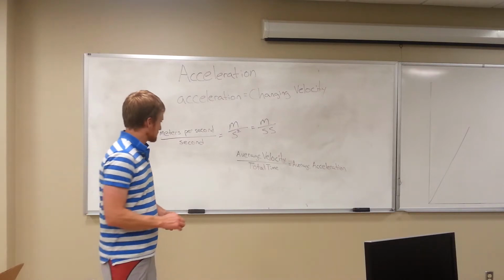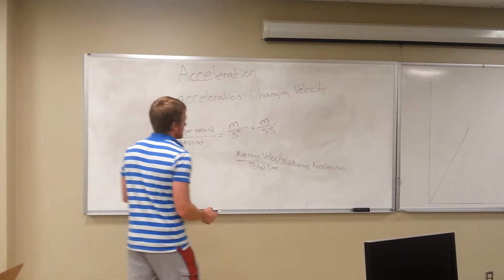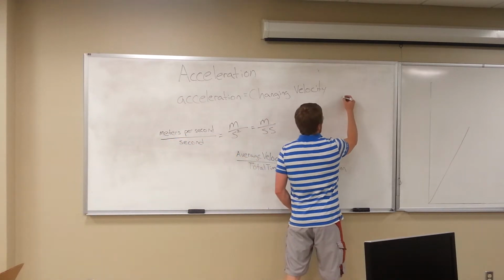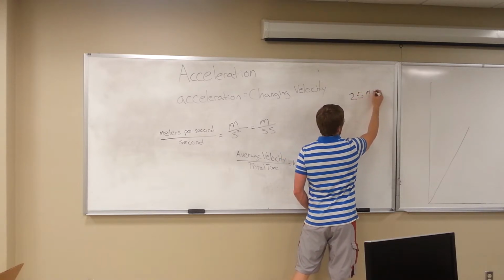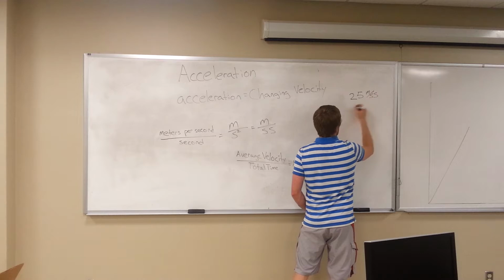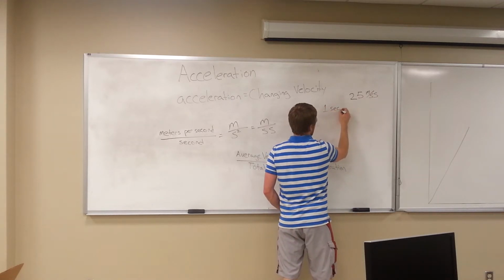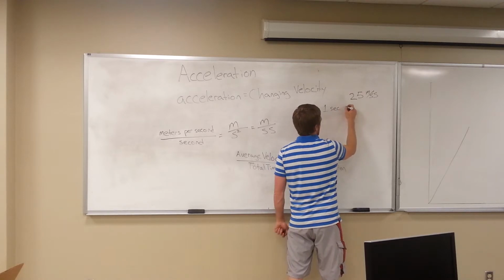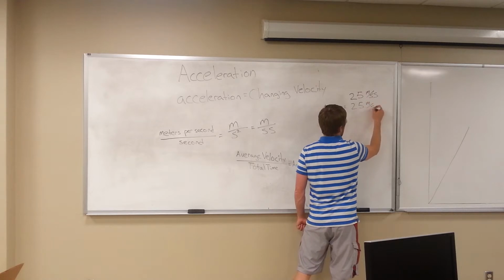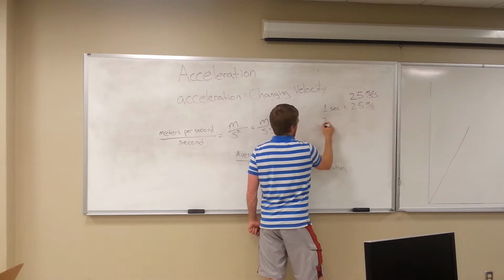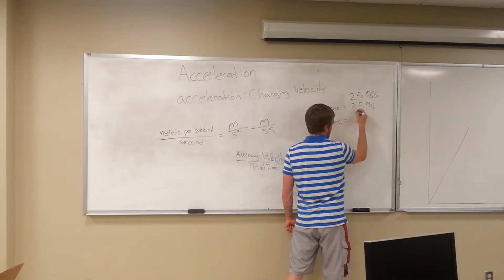let's put that on the board and see how that reacts. We're increasing our velocity at 25 meters per second every second. That means after the first second, we would be going at 25 meters per second. After the second second, we would be going 25 times 2.